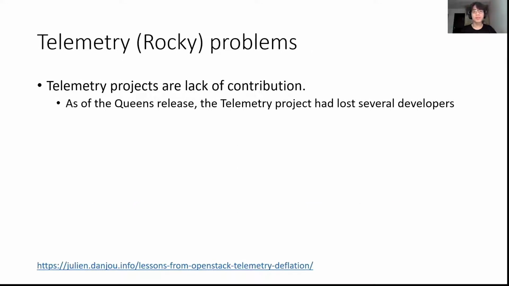However, there are some problems with telemetry, especially with our Rocky OpenStack environment. First, telemetry projects lack contribution, which I think is the most important factor of an open source project. As of the Queens release, telemetry has lost several developers.